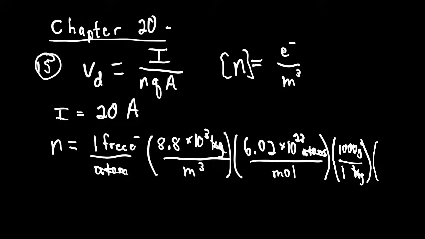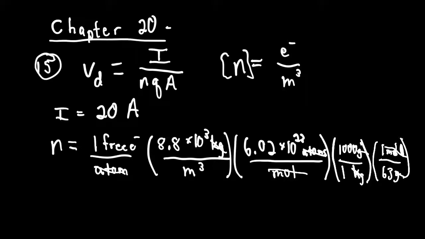And in this problem, they give us the molar mass of copper. So they give us how many grams of copper equal 1 mole. They tell us that 1 mole of copper is equal to 63 grams. So then my moles will cancel out, and my grams will cancel out.